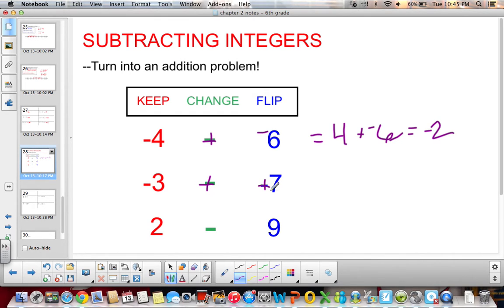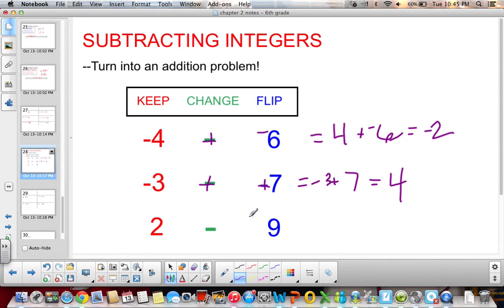Even though we don't usually write numbers with a positive sign in front of them, for this you need to get used to changing whether it's negative or positive. So we have negative 3 plus positive 7, which is the same as negative 3 plus 7. Negative 3 plus 7 equals 4.